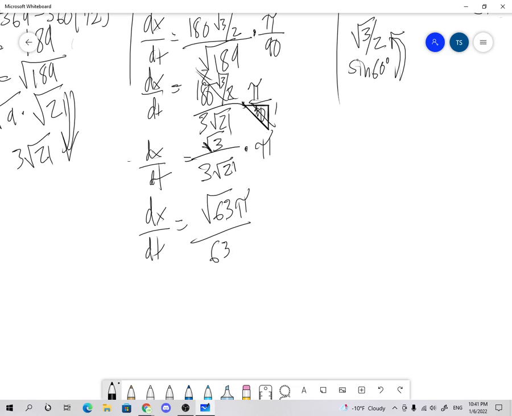However, the key wants you to have it as pi over square root of 63. That is technically considered an improper radicand, because if you have this, you would be obliged to multiply by the square root of 63 on both sides.